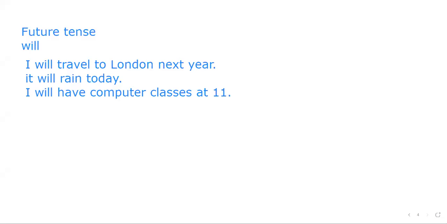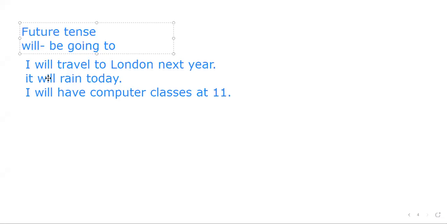Will with future is used to talk about promises, to talk about plans, something that you have scheduled, and also predictions, okay? For example, a future plan: I will travel to London next year.